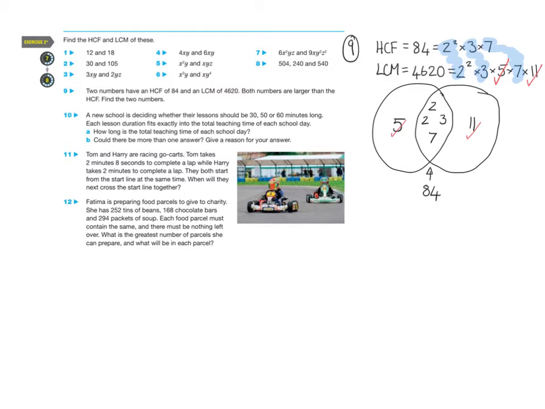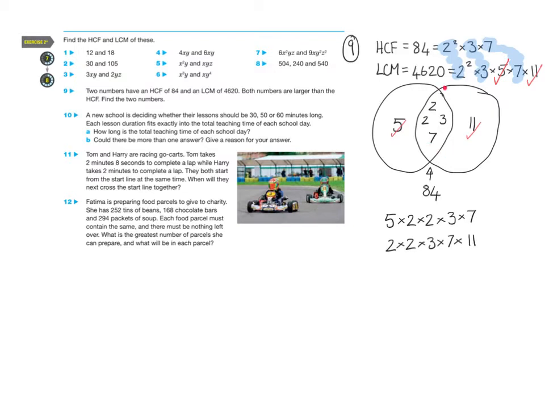So let's find out what the two numbers are. The first number is going to be everything that's included in that set over there. I have got 5 times 2 times 2 times 3 times 7. And my second number is going to be 2 times 2 times 3 times 7 times 11.